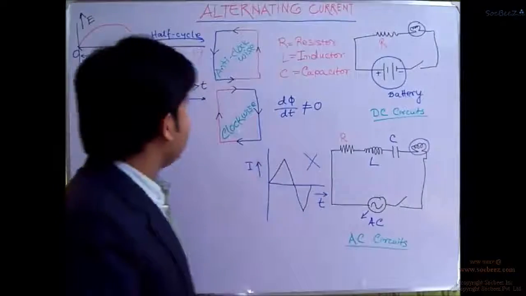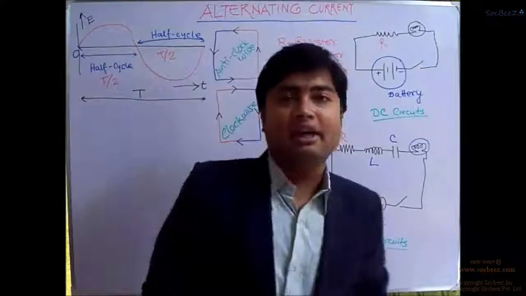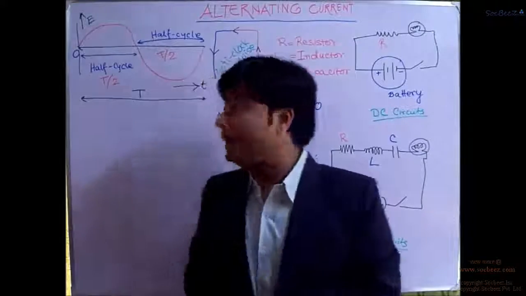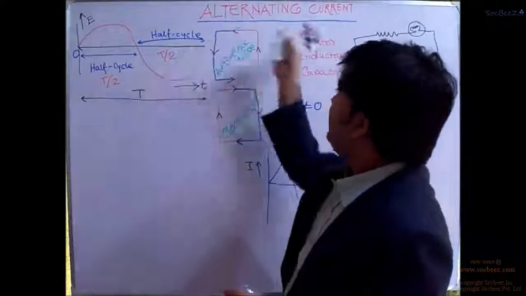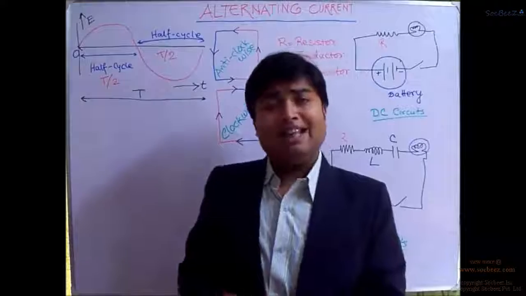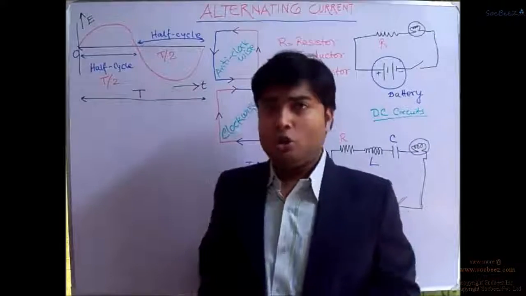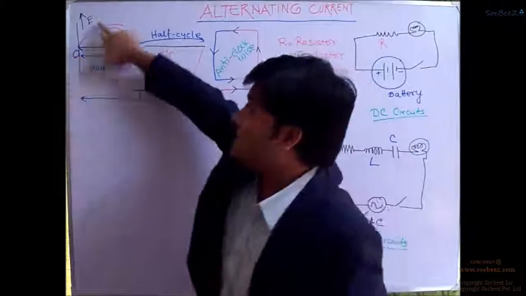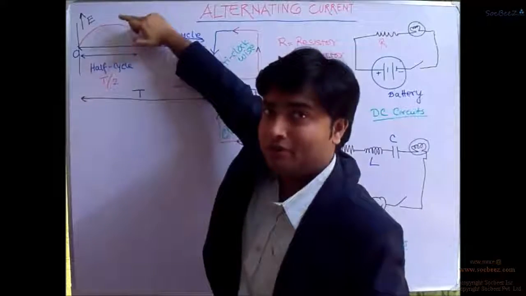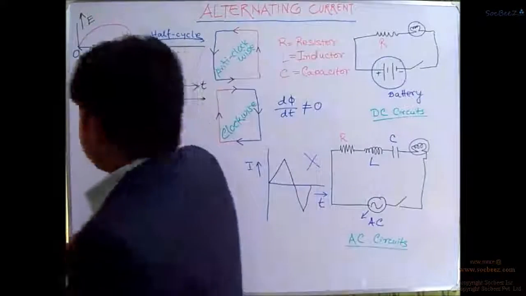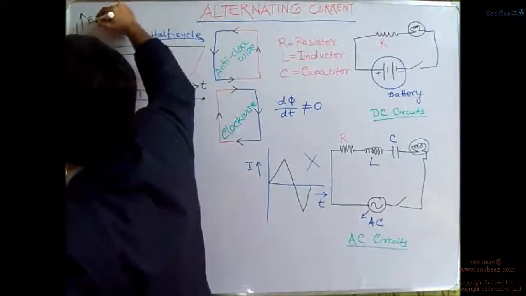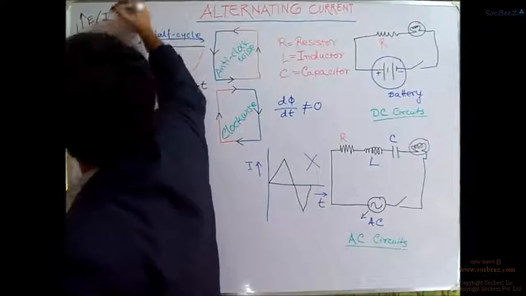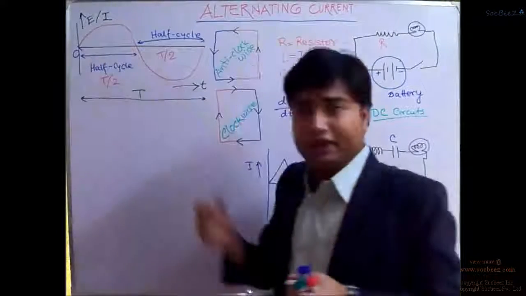Now, as a definition we could say that alternating current is that current which changes its magnitude, because this will be either E or I, with respect to t.